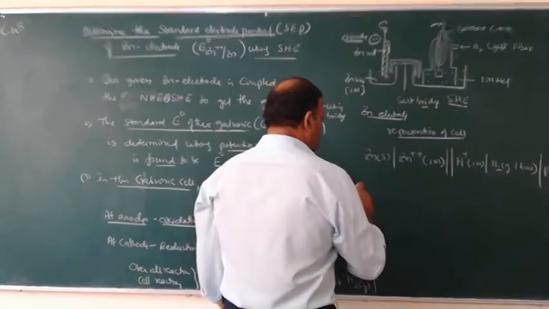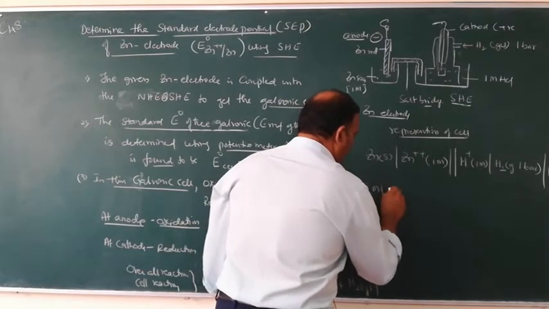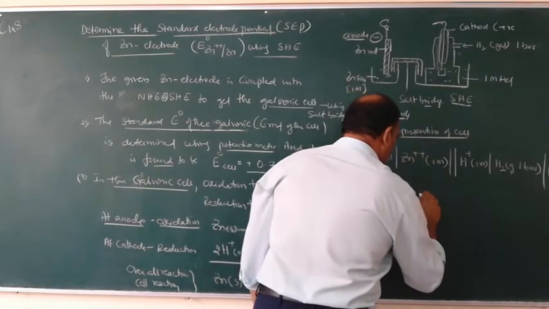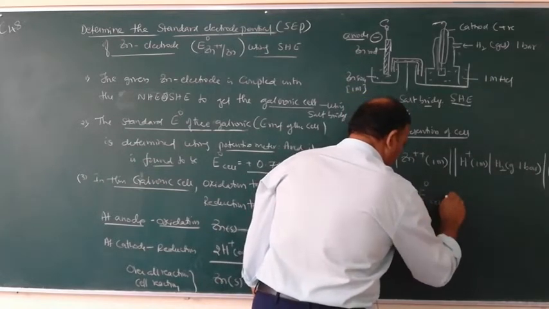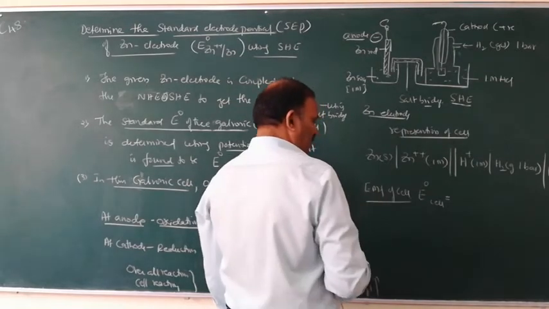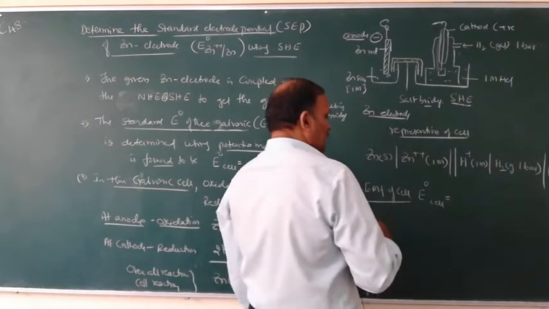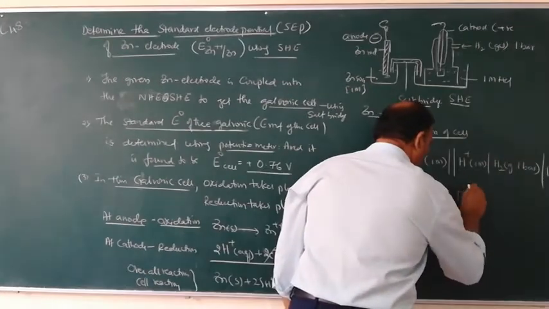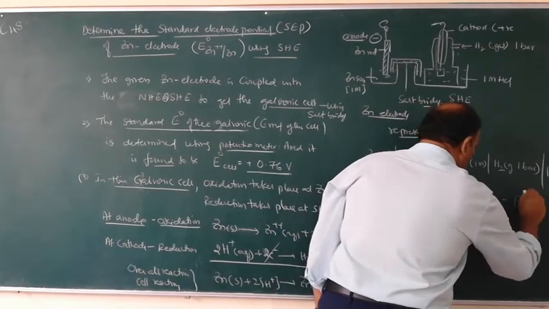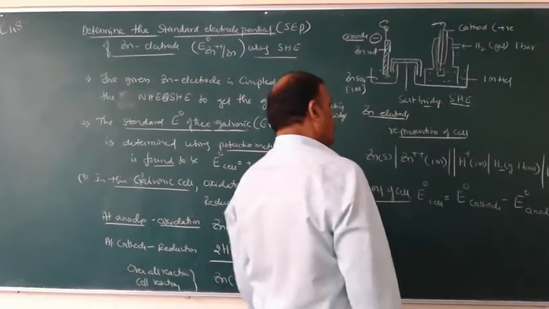So now, the EMF of this cell, that is E0 cell. What is the formula for E0 of cell? E0 of cathode minus E0 of anode is the EMF of the cell.